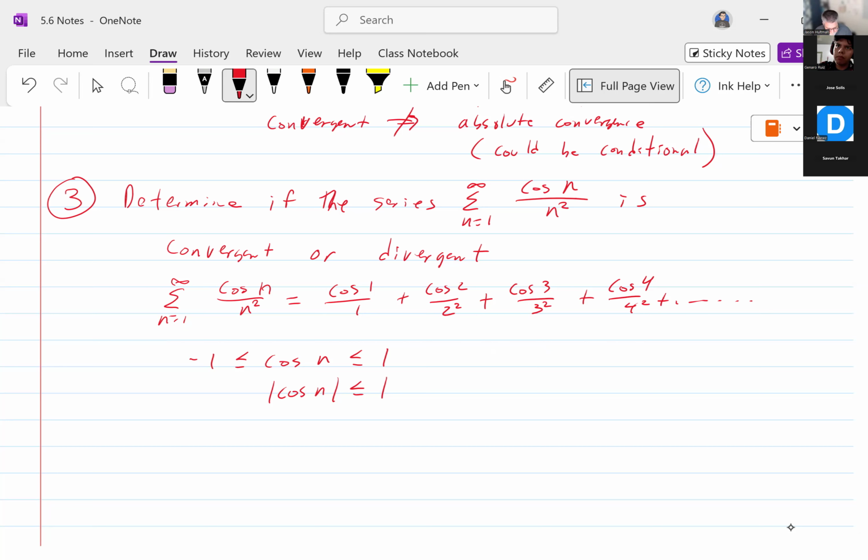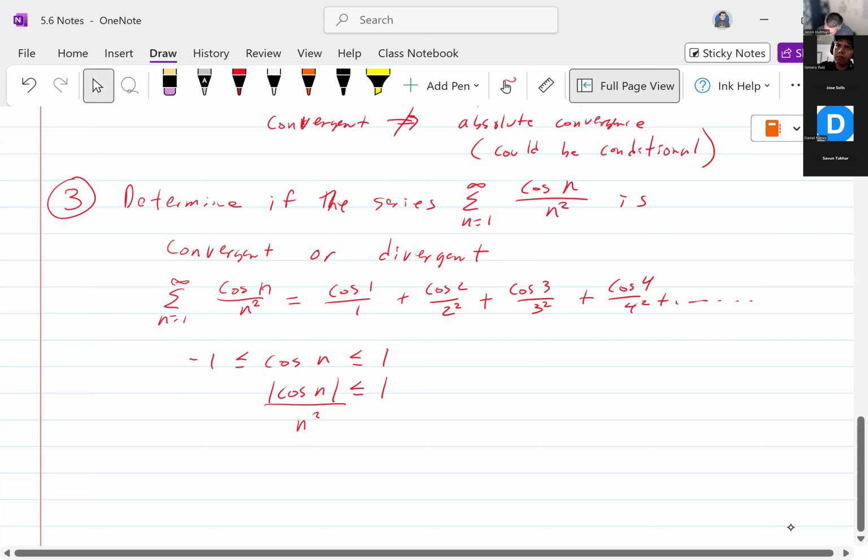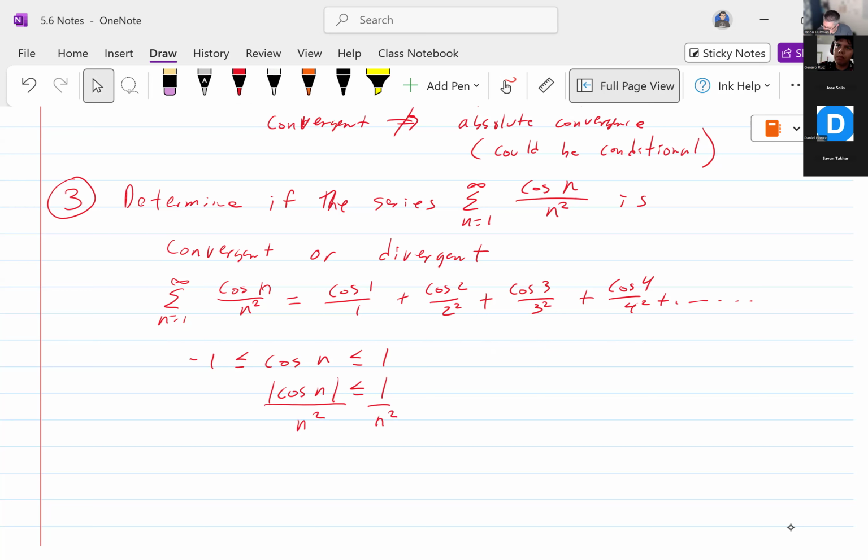So what I can do here is divide both sides by n squared. So the absolute value of cosine n over n squared is less than or equal to 1 over n squared.